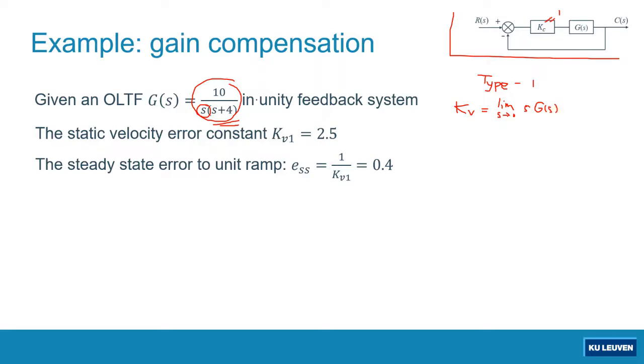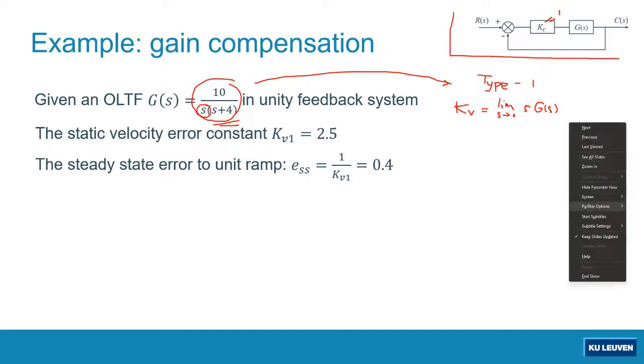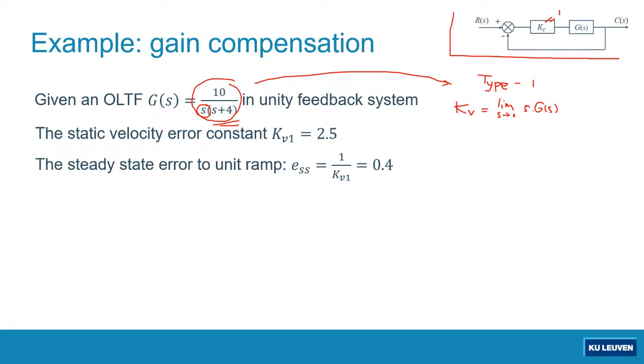If I substitute this Gs to that Gs, so this S will cancel. Let me change the color first. This S will cancel this S. At the end, I will only have limit S to 0, 10 over S plus 4. Then this will be equal to 10 over 4. 10 over 4 is equal to 2.5. Exactly what is mentioned in this slide. The original Kv, or let's call it Kv1, is equal to 2.5.